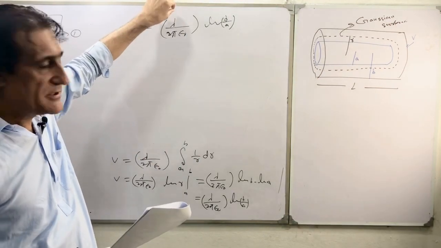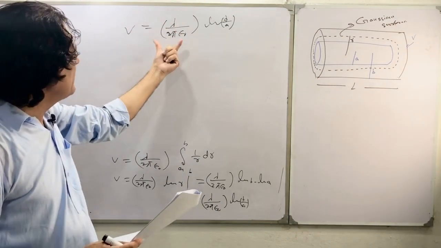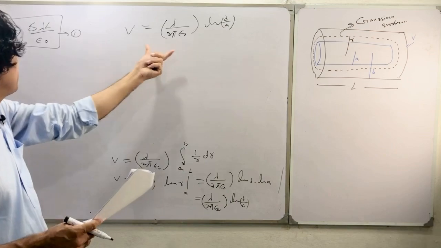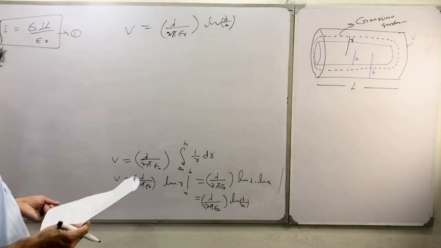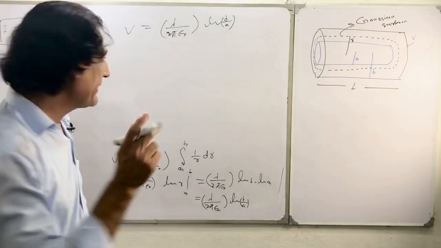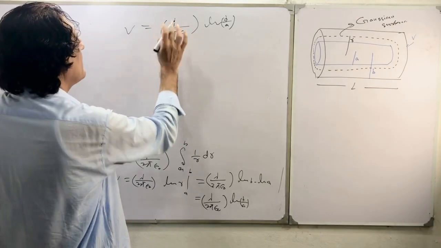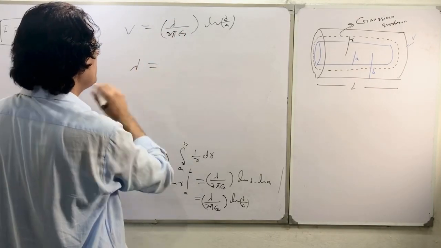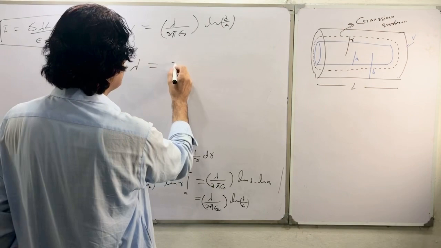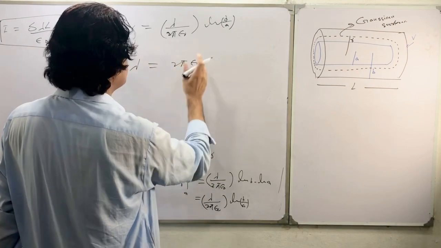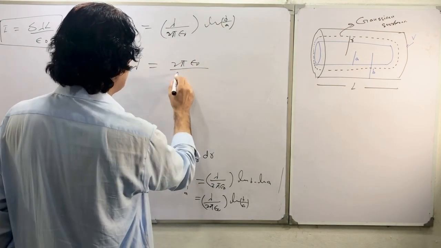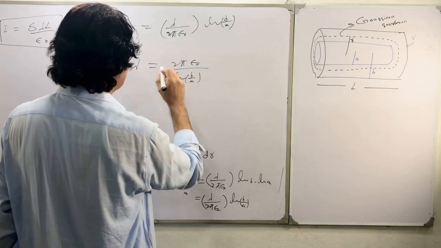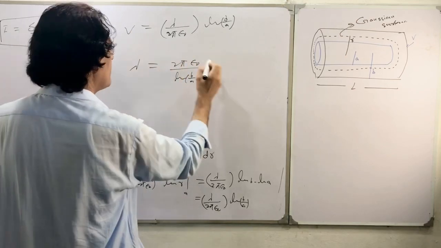We have to find the value of lambda, and then we can put it in equation 1 and see what will happen. Let's see. Lambda can be written as 2 pi epsilon naught divided by log of B divided by A, times V.